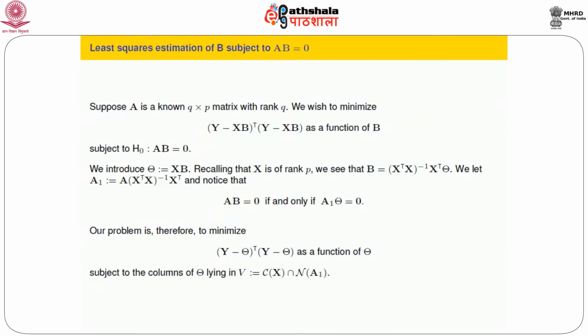Number two, because Theta is of the form XB, each column of Theta is an element of the column space of X. So this is a minimization of (Y minus Theta) transpose (Y minus Theta) as a function of Theta, subject to the columns of Theta lying in the column space of X intersected with the null space of A1, which we call capital V.